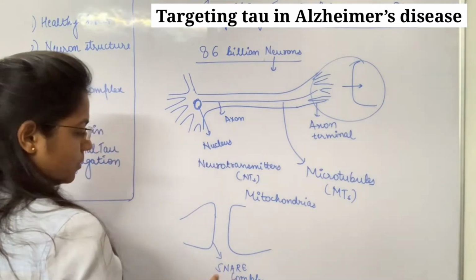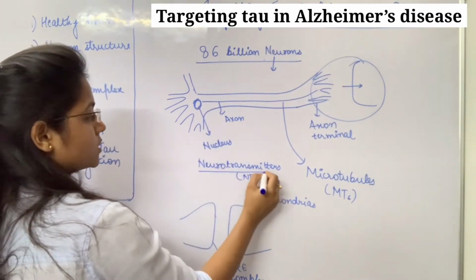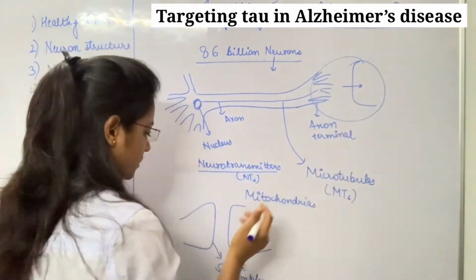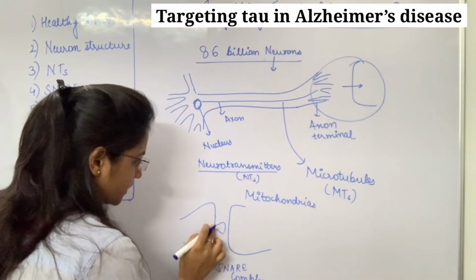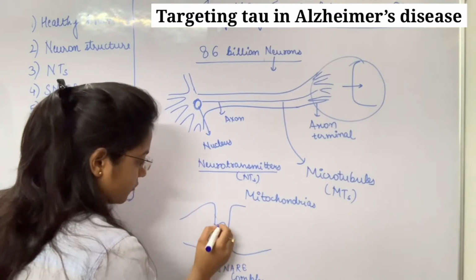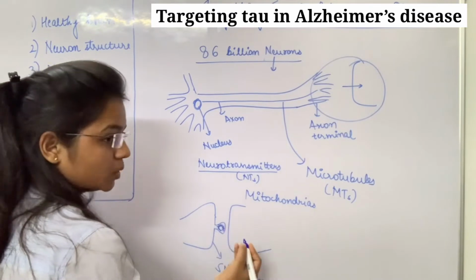Now what is a snare complex? When the neurotransmitter is transmitted here, it needs to be transferred to the other end of the neuron. So after reaching here, this neurotransmitter forms this bud-like shape, and then it is released from here and transmitted to another end.